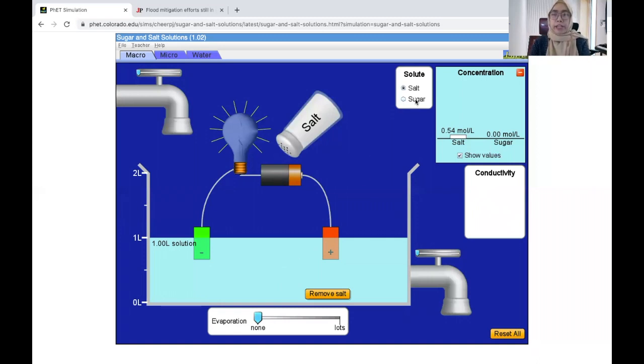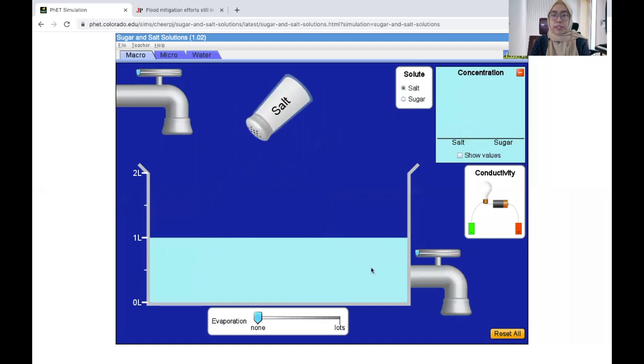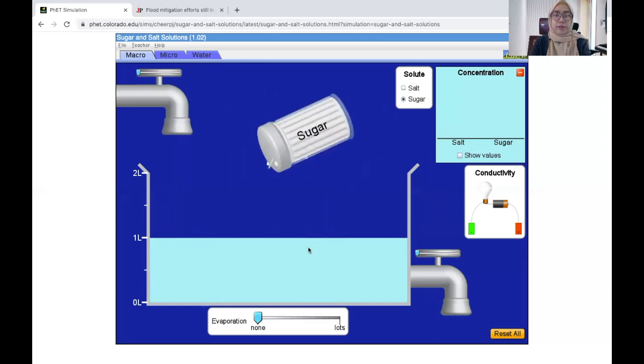Now we will try to make sugar solution. First we will reset, so there is nothing in this water. You also can evaporate. Maybe if you want a little water, you can add more if you want. But we will try to add sugar into this water.